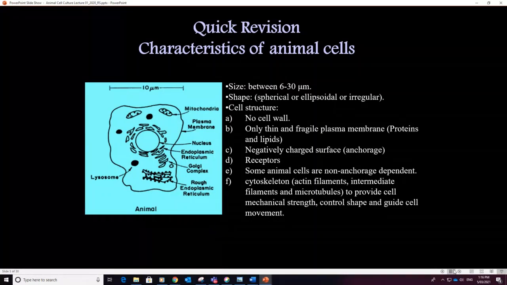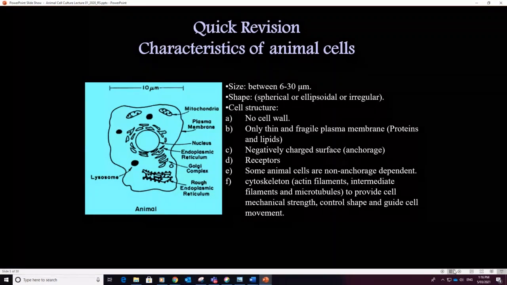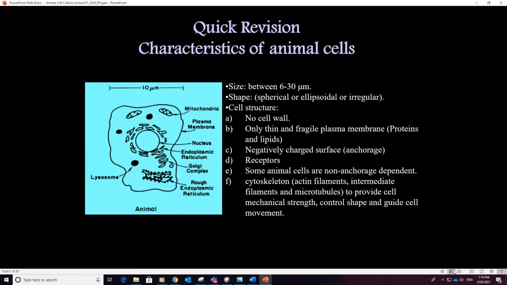So that is the size domain. The shape of an animal cell is spherical, ellipsoidal or irregular. You cannot bound them in a particular shape; they don't have a definite shape. In cell structure, because they don't have a cell wall, there is only a thin and fragile plasma membrane, which is made up of proteins and phospholipids.